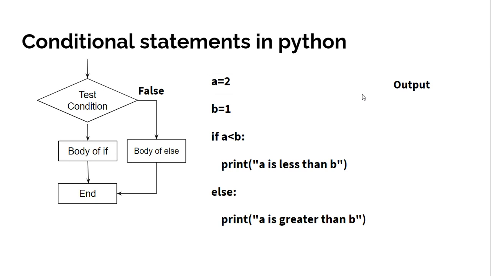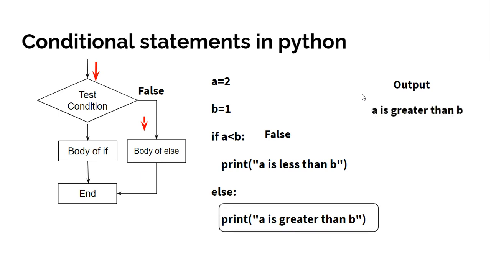In this case, A is equal to 2 and B is equal to 1. Now A less than B is false because A is greater than B. Firstly, it will check if A less than B, it is false. Then it will go to the else block directly and will print the else message.